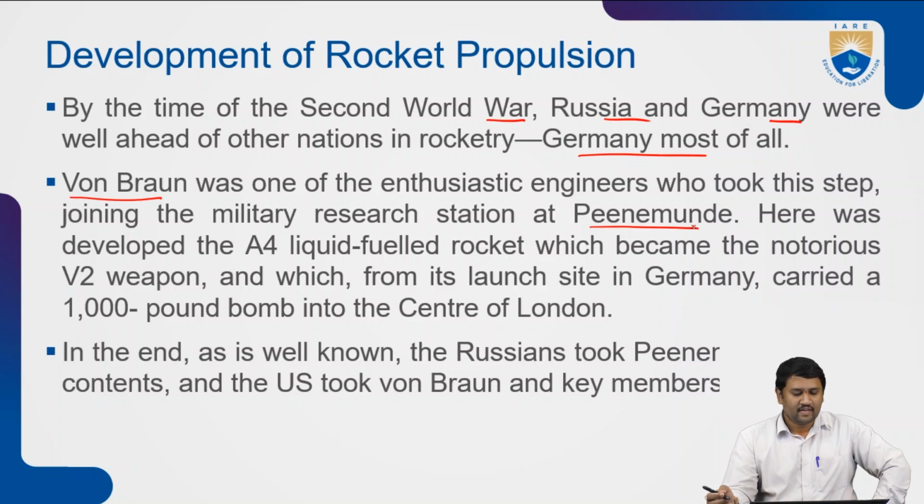Here was developed the A4 liquid fuel rocket, which became the notorious V2 weapon, and which, from its launch site in Germany, carried a 1,000-pound bomb to the center of London. In the end, as is well known, the Russians took Peenemünde and its contents, whereas the US took Von Braun and key members of the team.